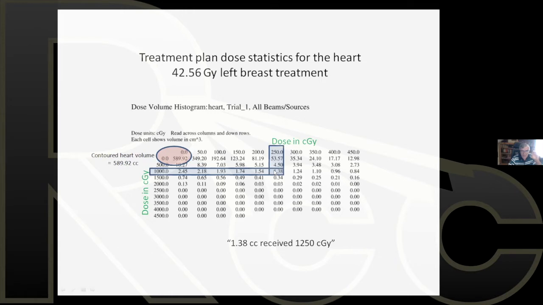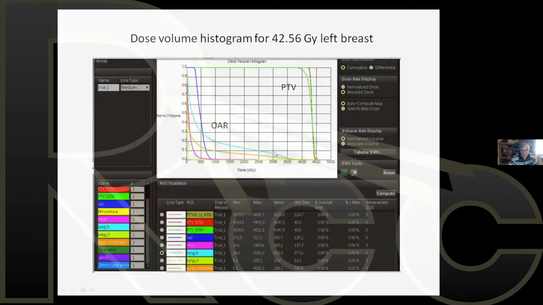So you can see from this that most of the high dose region in here, it's all 0. None of the heart got any of the high dose. And actually 1.38 cc's receiving 1250 centigray was very, very good. So this is how you read the dose statistic. It still isn't a graph yet, so we need to look at the graph.